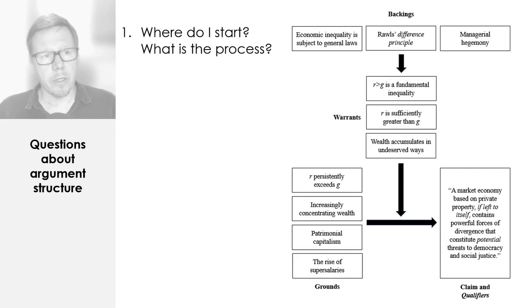So some of us start our argument formulation from the backings. Others like to be more empirical and maybe look at empirical data, so they may be more likely to start at the grounds. Yet others may have some rudimentary claim that they'd like to elaborate and look more into and maybe add qualifiers. So we may start at different places.